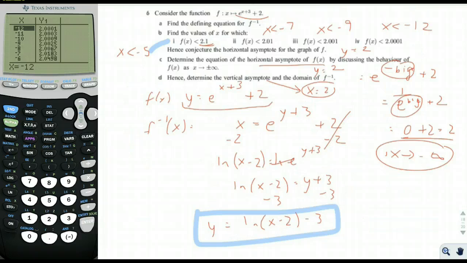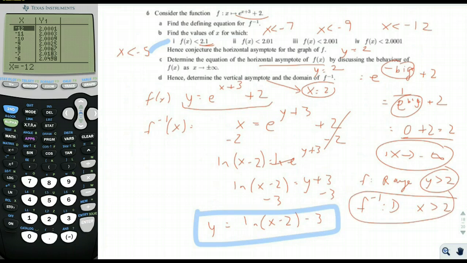Well, if the range of f is something, and we're going to say that the range of f is going to be y is greater than 2, because it can't be 2 because that's the asymptote. Anything below that, it's also not going to be. So the range of f is going to be y is greater than 2. So the domain of the inverse function is going to be the same thing. It's going to be x is greater than 2. Okay? So that's all it was asking.